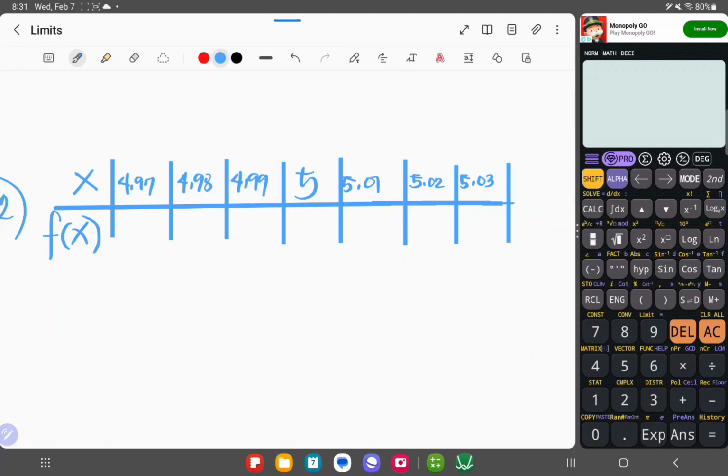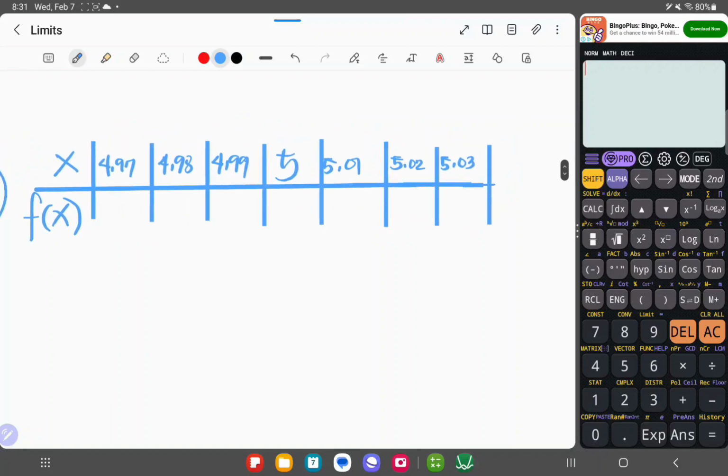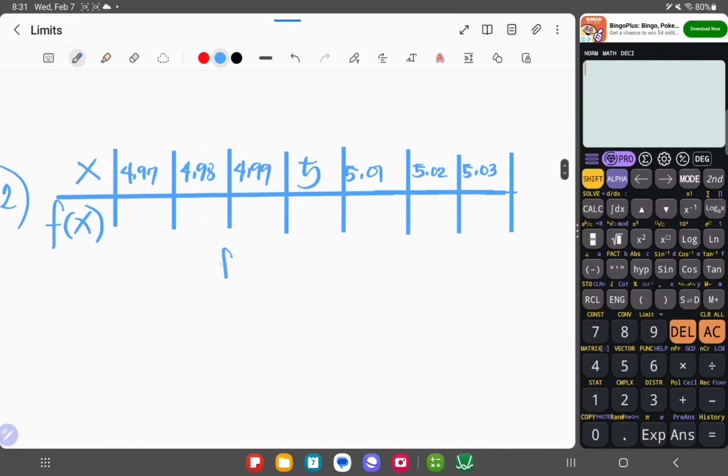Now let's check what number our f of x is approaching, and that would be the limit. So we have to check it in our left direction, negative direction, and the right direction, or positive direction. So our function is f of x equal to 2.